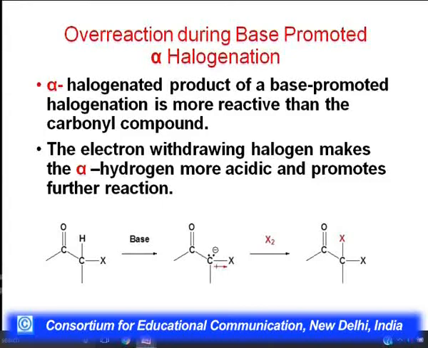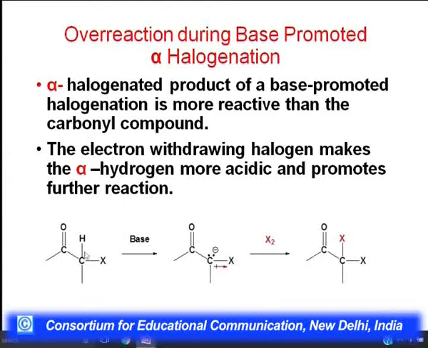Now the question, as I've told you, is they may ask you why under acidic conditions aldehydes and ketones undergo monobromination, whereas under basic conditions they undergo complete halogenation. Then you have to remember that when we talk of a base promoted reaction, when a halogen is present here, it is more electronegative as compared to carbon. It will pull the electrons towards itself, as a result of which this carbon will now have a positive charge, and this hydrogen is more acidic.